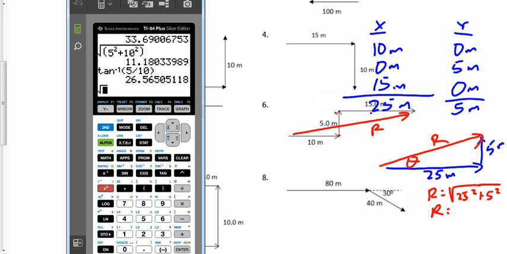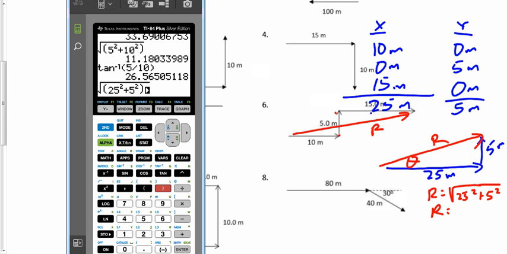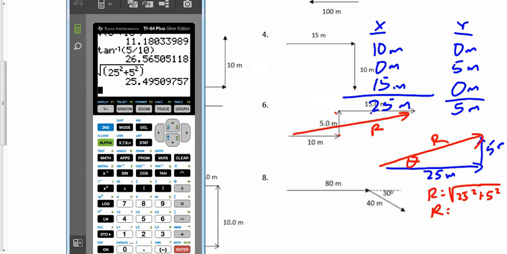Second function, square root bracket 25 squared plus 5 squared. Oh, look at that. Interesting. It rounds to 25. Is that okay? Yep, that's what it is.